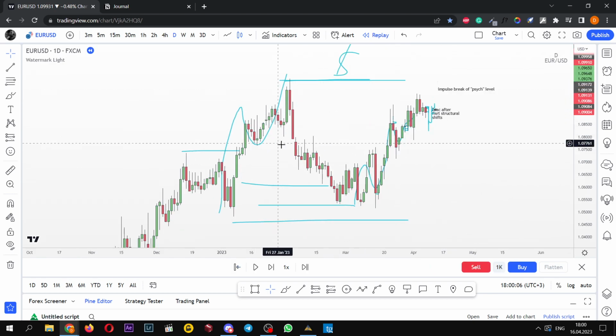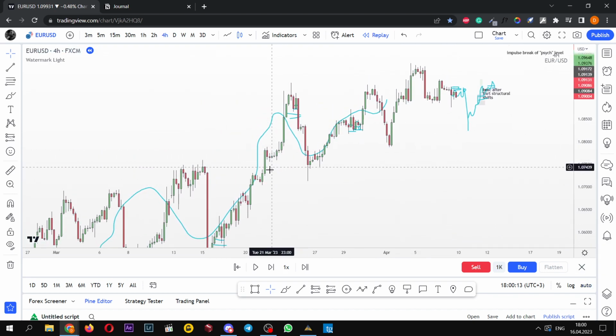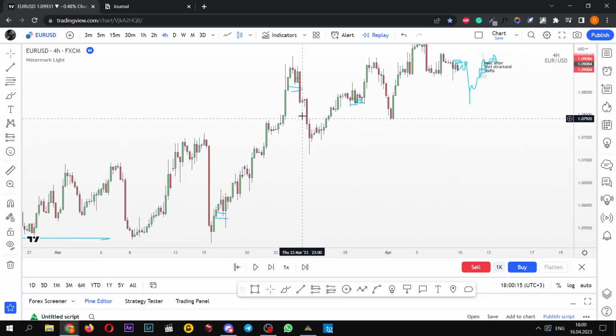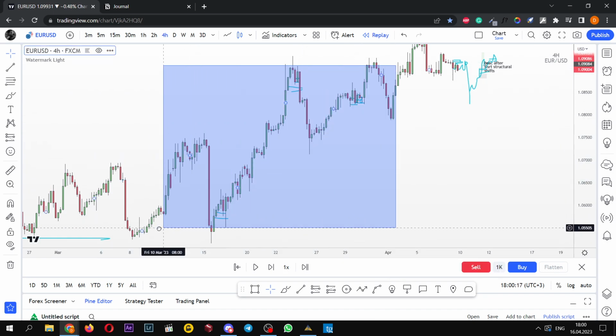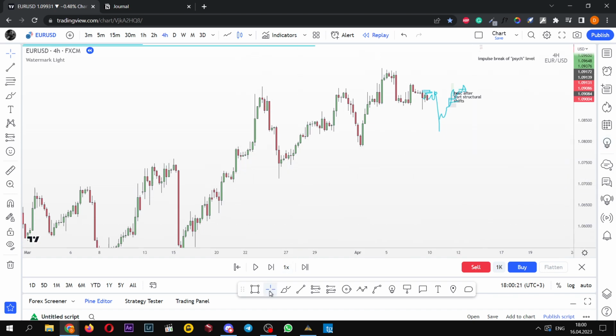So bullish on weekly, bullish on daily after the accumulation, and following this, let me clean it up a bit, and following this structure that we have on 4 hours. So basically 4 hours started to build some kind of a chain.